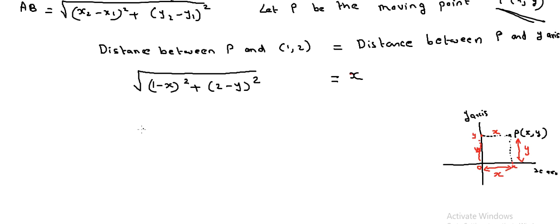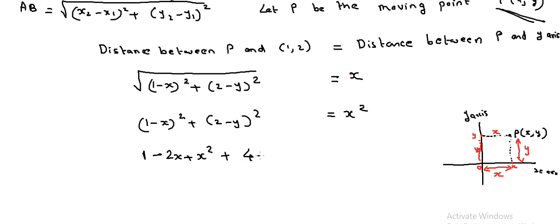So squaring on both sides we get (1 minus x) whole squared plus (2 minus y) whole squared equal to x squared. Now if we expand the expression, using the (a minus b) whole squared form, a squared minus 2ab plus b squared, we get 1 minus 2x plus x squared plus 4 minus 4y plus y squared equal to x squared. The x squared on both sides cancels, so we get y squared minus 4y minus 2x plus 5 equal to 0.